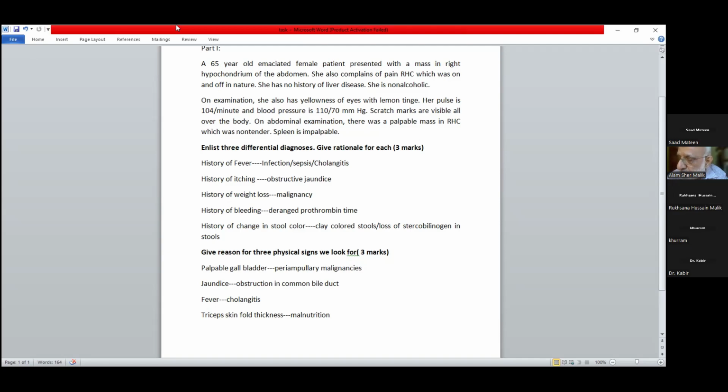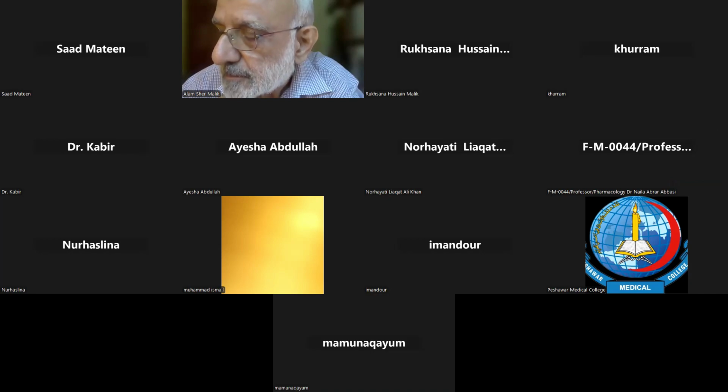So the question is: based on the scenario given above, or the picture above, state, classify the arch as per Kennedy's classification.